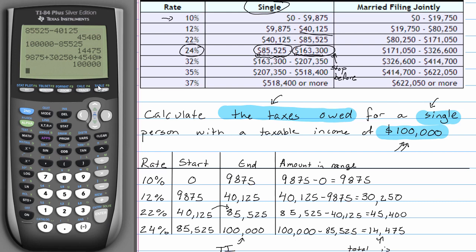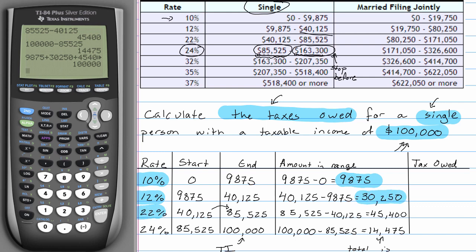So they're going to be taxed on the whole 100,000, but by different rates on each portion. So now we calculate their actual taxes owed. We're going to figure out their taxes owed by taking the rate times the amount that's taxed at that rate for each of the rates in our tax table.